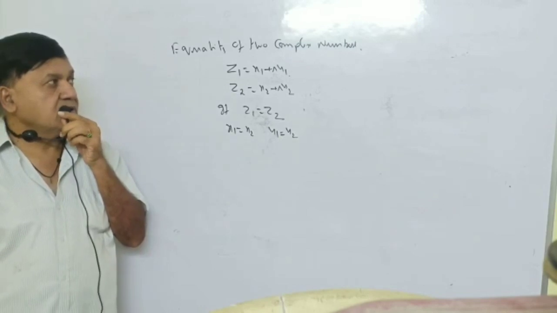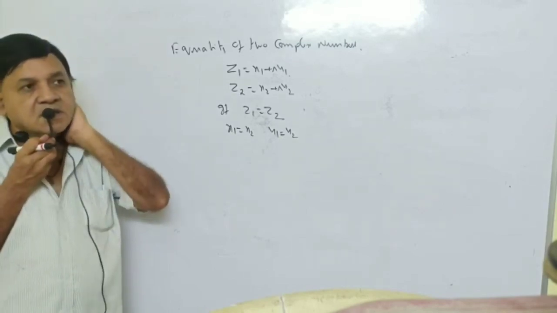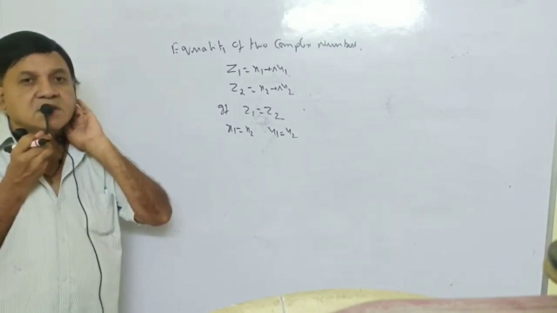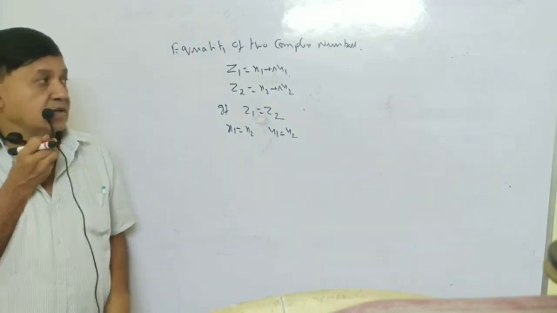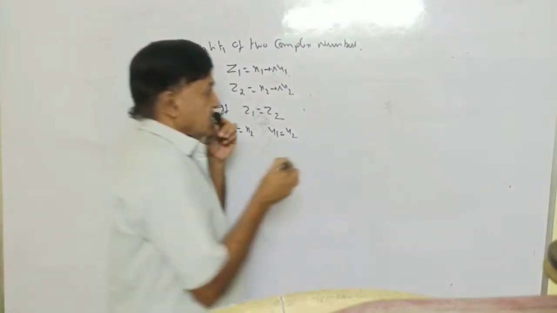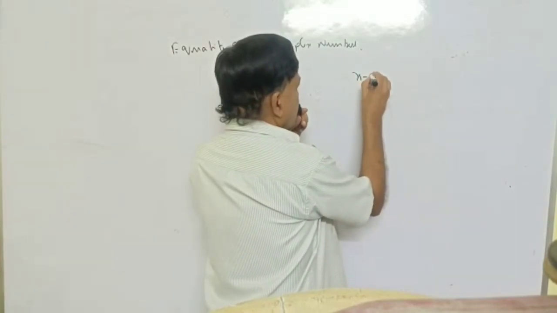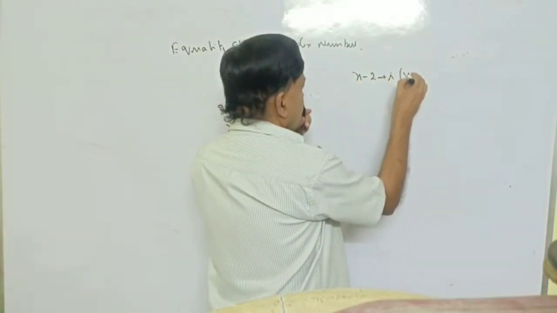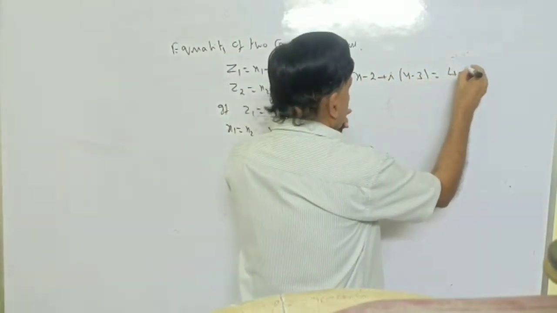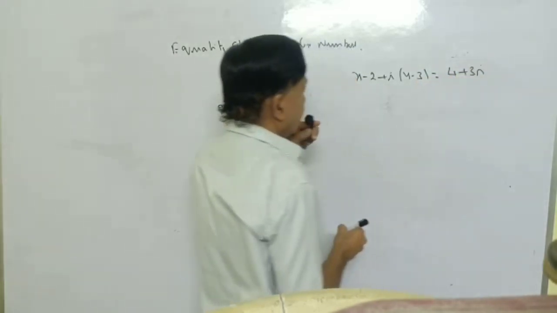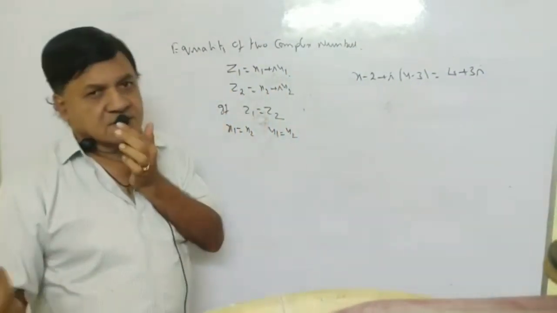So when two complex numbers are equal, the real parts must be equal, their imaginary parts must be equal. Suppose, let us say, x minus 2 plus i into y minus 3 is equal to 4 plus 3i. Find the values of x and y.